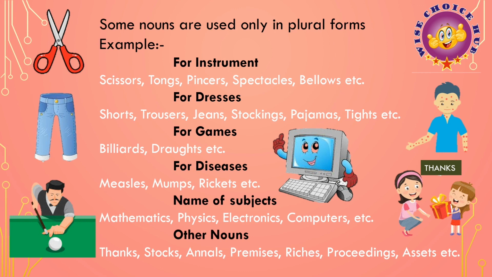When you're talking about instruments, you need to say scissors, tongs, pincers, spectacles, bellows, etc. When you're talking about dresses, you say shorts, trousers, jeans, stockings, pajamas, tights, etc. For games, we say billiards, draughts, etc. For diseases, we use measles, mumps, rickets, etc. For subjects, we say mathematics, physics, electronics, computers, etc. And there are other nouns such as tanks, stocks, annals, premises, riches, proceedings, assets, etc. All these nouns are used in plural forms when you are pronouncing these words.